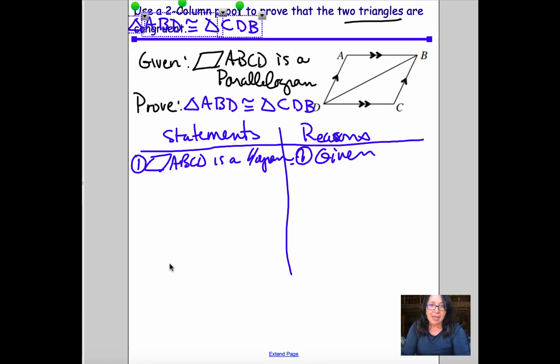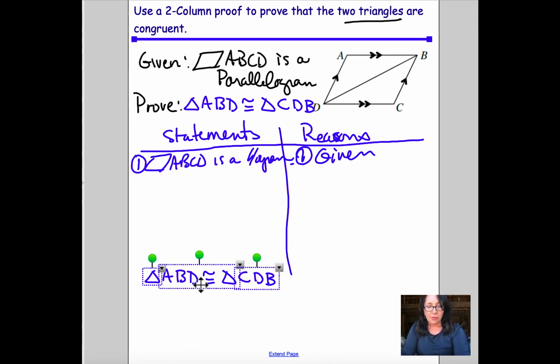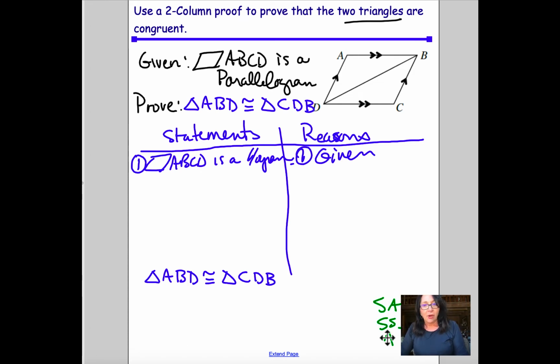In order for those two triangles to be congruent, they need to be congruent by side, angle, side, side, side, side, angle, side, angle, angle, side, or hypotenuse, leg, which isn't going to be this one. So one of those needs to be our reason for the two triangles to be congruent.